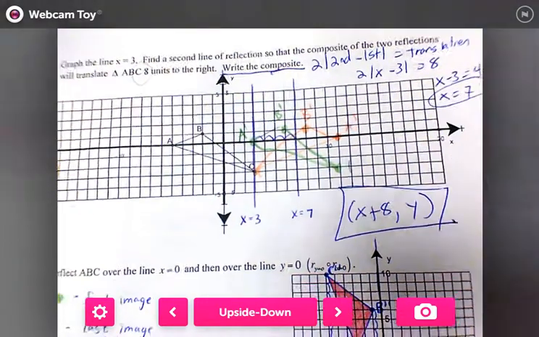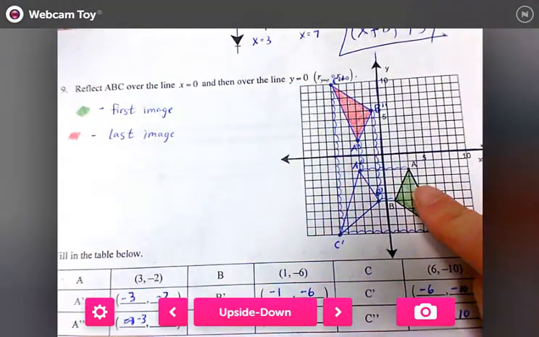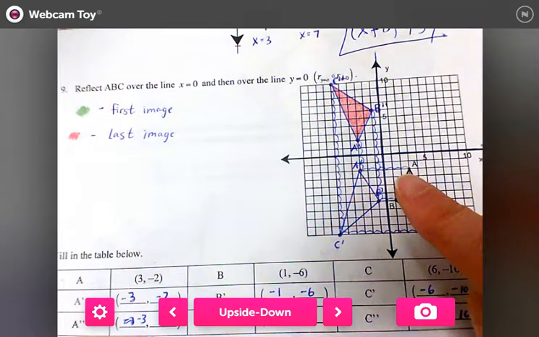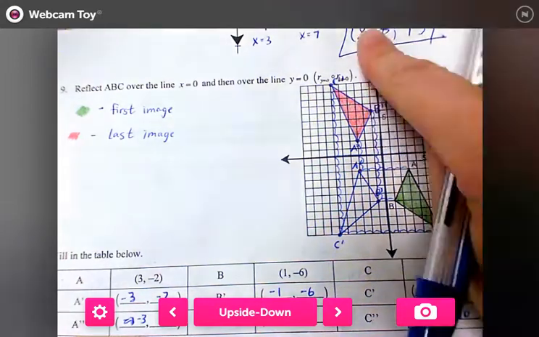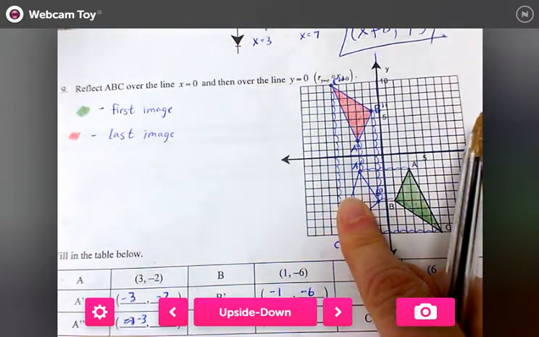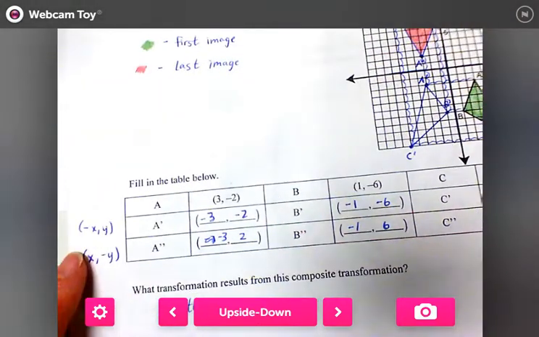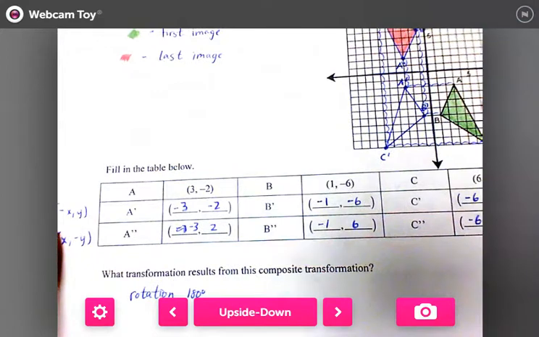Number 9. We took the first and reflected it over the line x equals 0, which is the y-axis. Then we took that and reflected it over y equals 0. Okay? These formulas will be on the board, what you need to reflect.